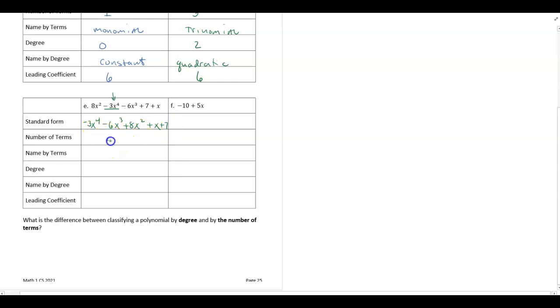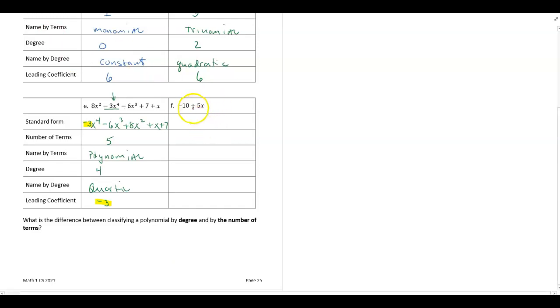I have 5 terms, which means this is just going to be a polynomial by number of terms. The degree, the highest exponent is 4, so it's a degree 4, which means this is going to be a quartic. And the leading coefficient is -3. Okay, so remember, the leading coefficient always comes from the first term when written in standard form.